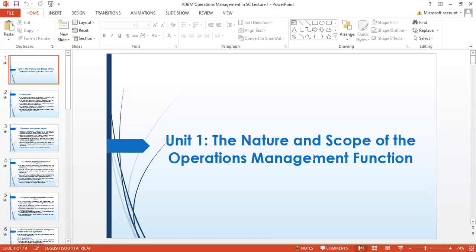Right, so this is our first topic, the nature and scope of operations management function. Like I said, it's going to introduce us to our module. Basically the operations management in supply chain oversees and coordinates the entire supply chain process, right?